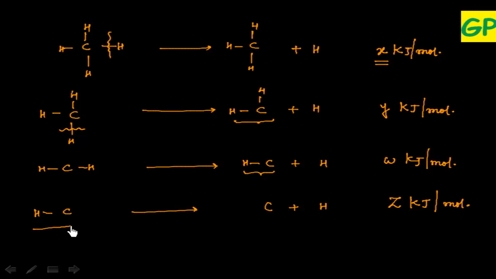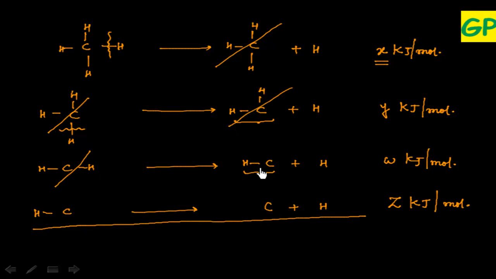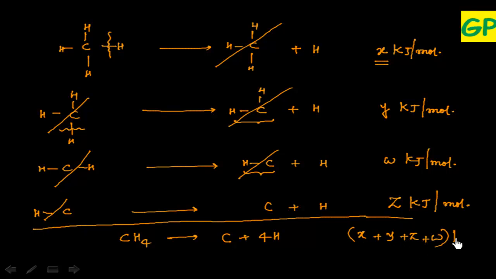Now we can write the overall reaction. What is happening overall? This cancels, this cancels, this cancels, so we will have CH4 giving carbon plus 4 hydrogen, and the bond enthalpy will be x plus y plus z plus w kilojoule per mole.